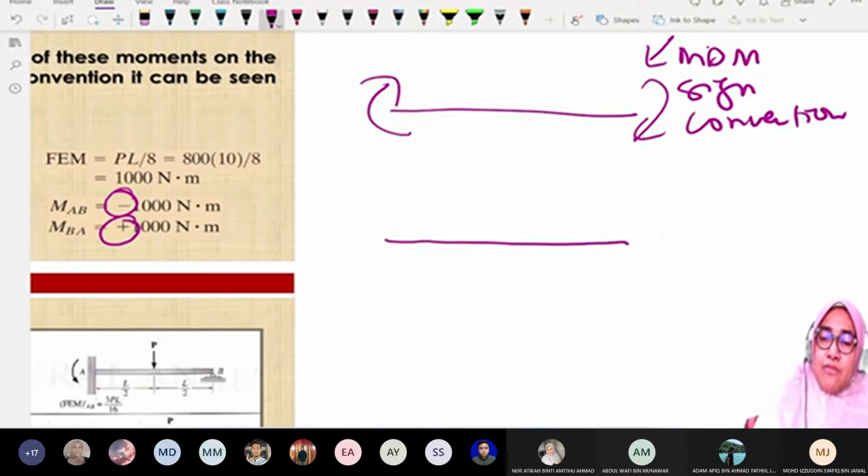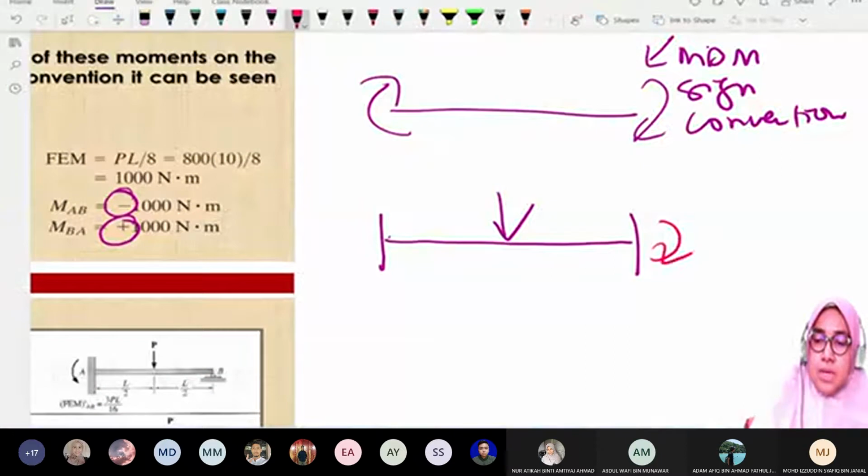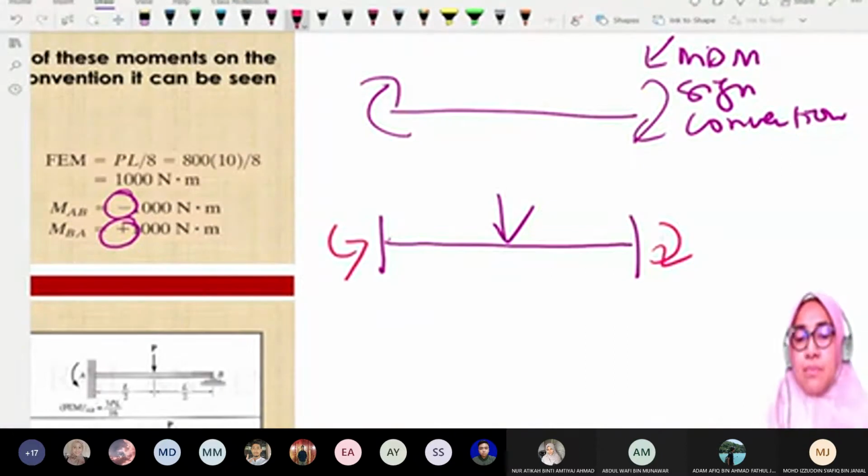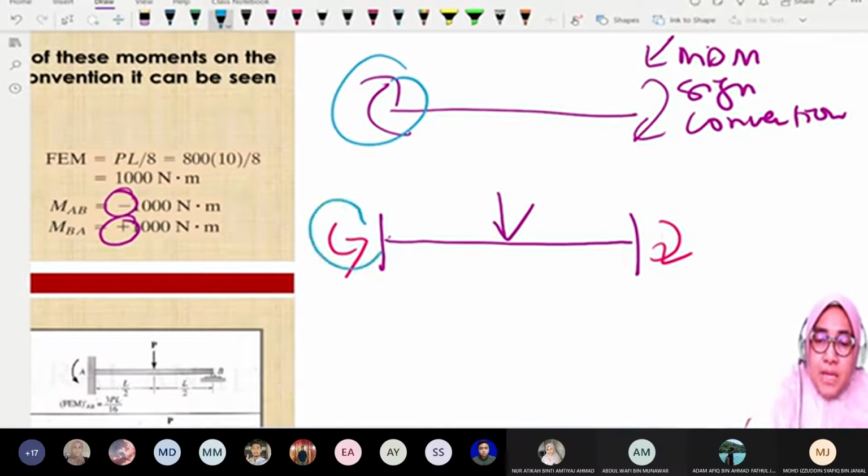But for fixed end moment, we have this. For this load, this is the moment. So when we compare these two, we get it opposite, right? Opposite direction. That is why yang ni jadi negative.